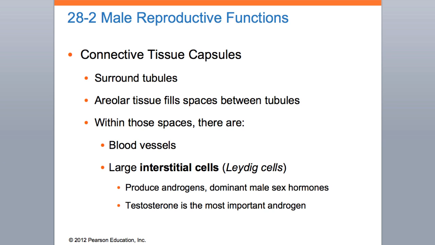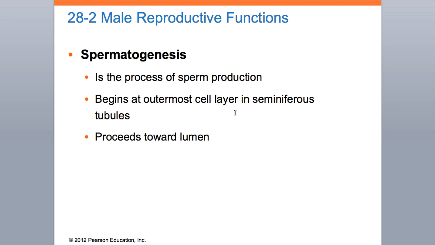Next slide. Okay. Now, I'd rather have you see it in a slide. The terminology here is worth noting. Spermatogenesis is the production of sperm, and that makes sense. So spermatogenesis, the production of sperm.